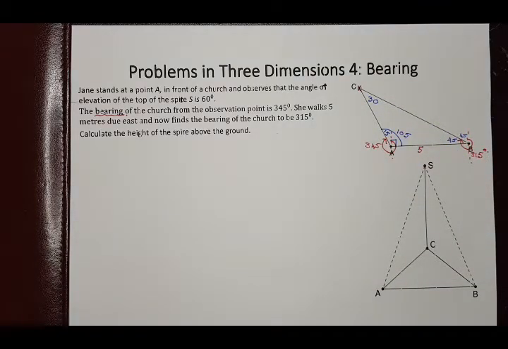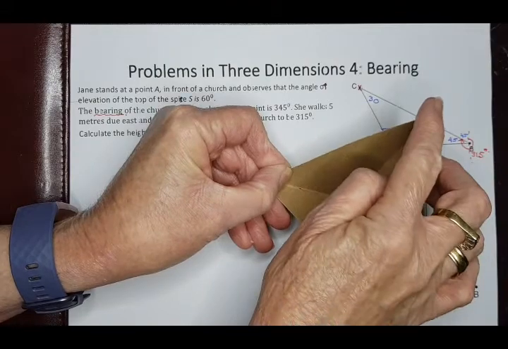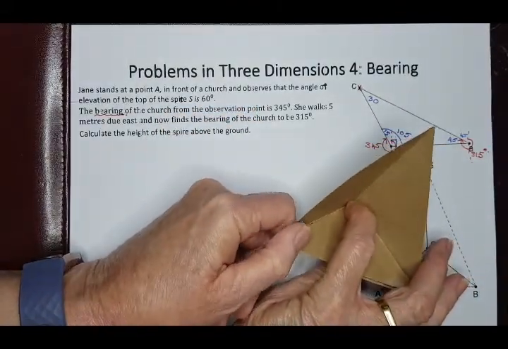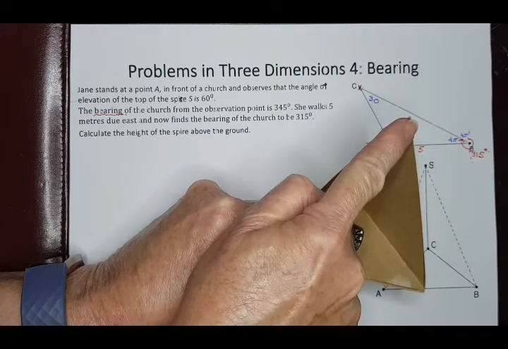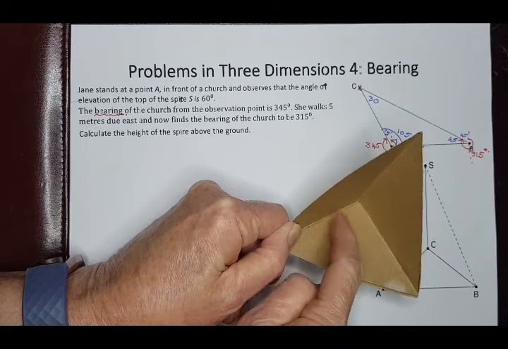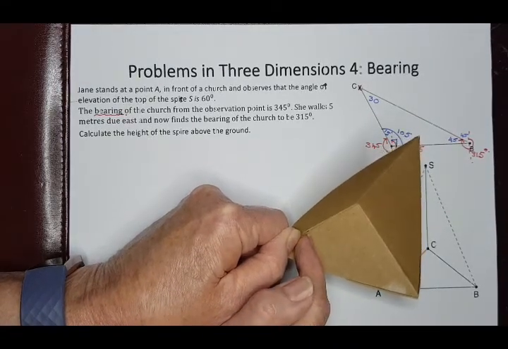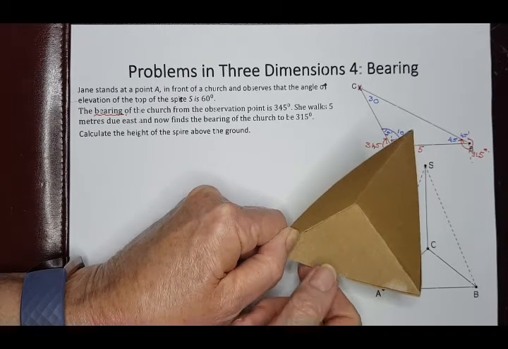And now I'm not going to worry about trying to draw my bearing properly. I'm just going to go back to our three-dimensional shape. There is the church. That's C over there. That is S, the top of the spire. This angle over here is going to be 30, this angle is going to be 105, and that angle over there is going to be 45.